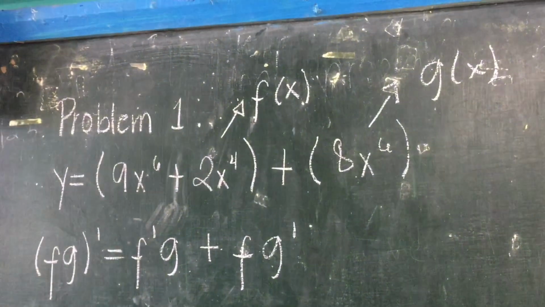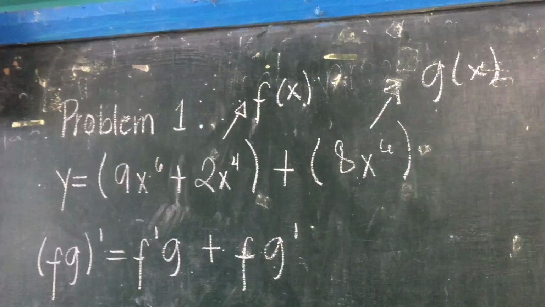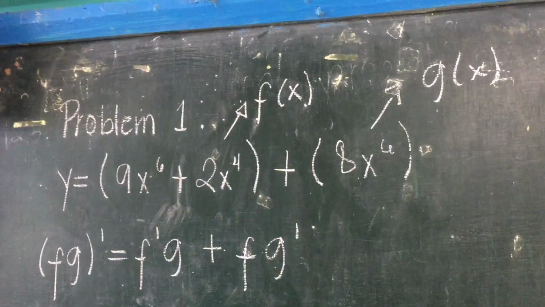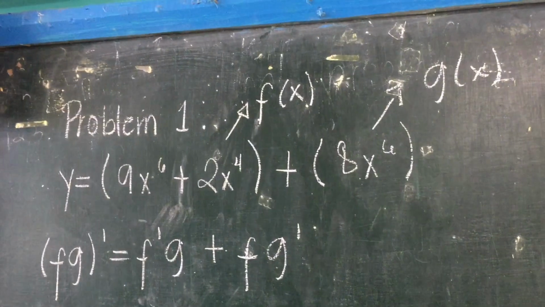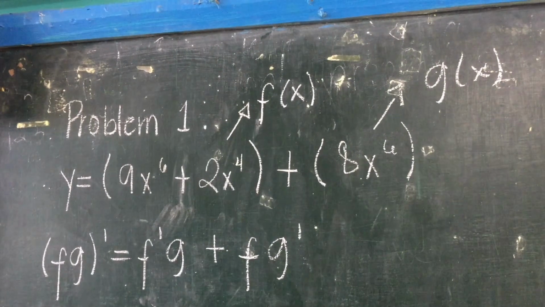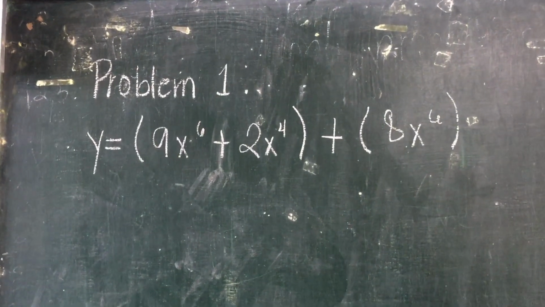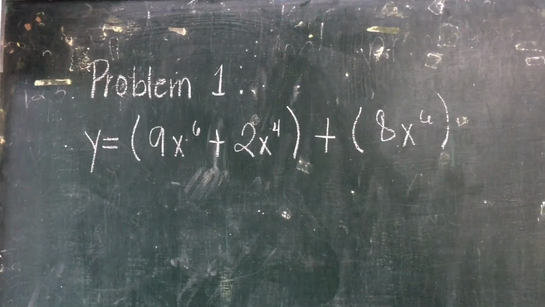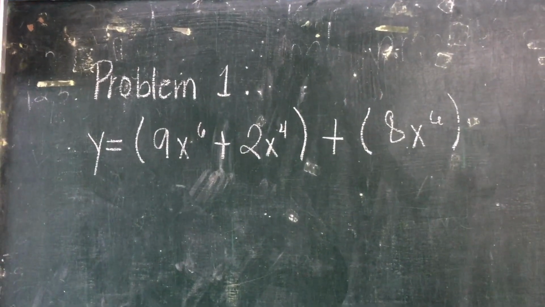Before we even apply the product rule, we first need to find the derivatives of our two functions. They are called f of x prime and g of x prime. Basically, they're the slopes of f of x and g of x at any point. Let's go back to the original function. y equals 9x to the power of 6 plus 2x to the power of 4 times 8x to the power of 6.